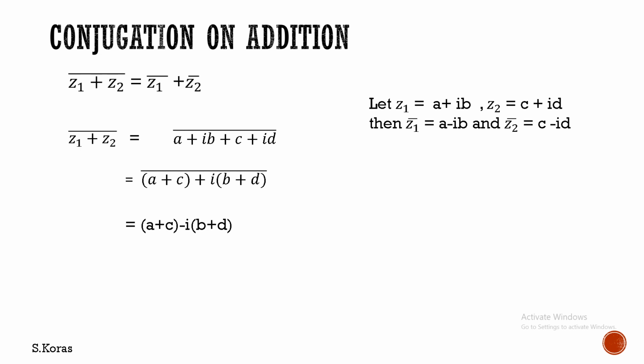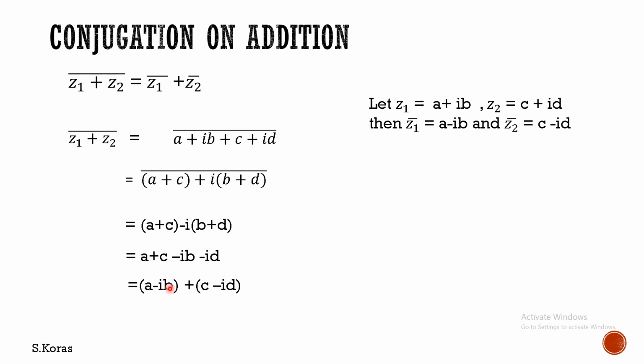Let us make small changes in this and see what is happening. Make this minus i go inside, so it will become minus ib and minus id. Then we can write this as a minus ib, collecting these two together, then c minus id, collecting these together.